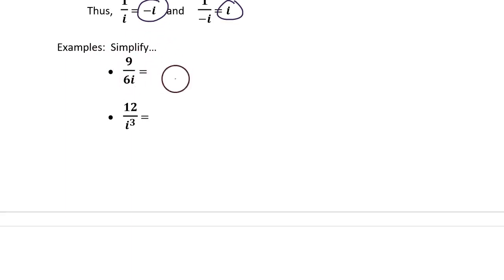Well, top and bottom both divide by 3, so this is 3 over 2i. This is equal to 3/2 times 1 over i. And we just discussed what you can replace 1 over i with. You can replace 1 over i with -i. So this answer is -3/2 i.